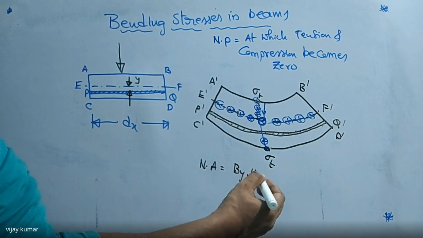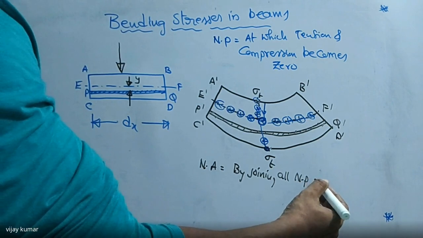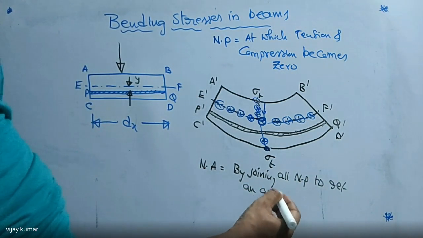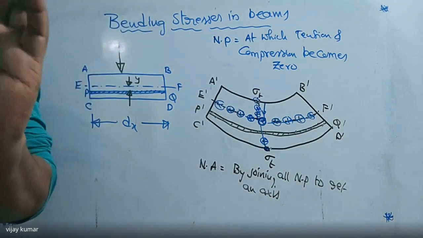By joining all neutral points, we get an axis, which is called the neutral axis. On that axis, there is no tension and no compression.